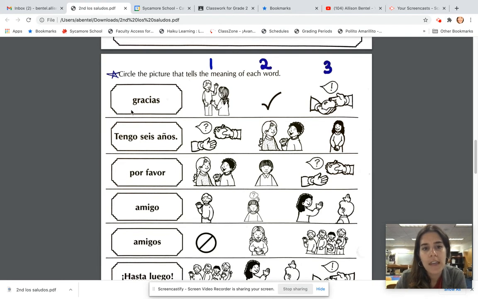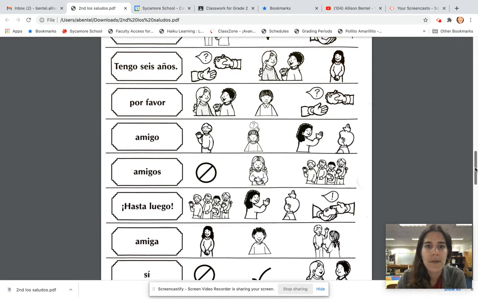So you're thinking, gracias, ¿qué significa? What does gracias mean? And you're taking your pen or pencil, lápiz o pluma, and you're circling either número uno, the first picture, número dos o número tres.